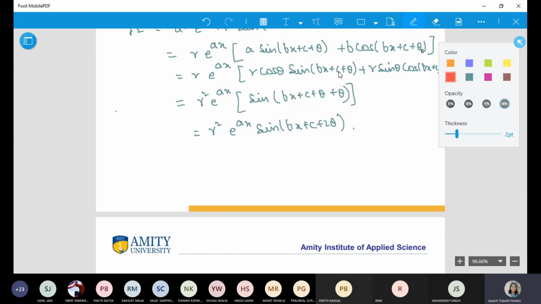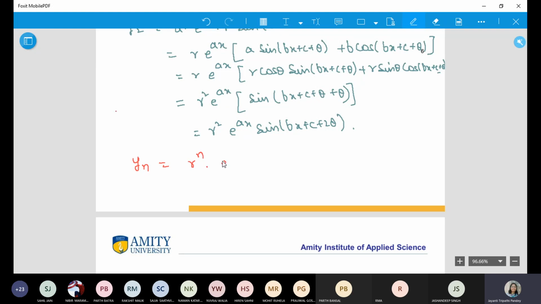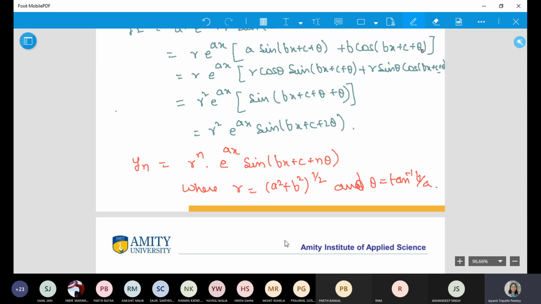So if I have to write it for n, yn is r to the power n e to the power ax sin(bx plus c plus n theta), where r and theta are as defined. Understood? Yes, ma'am.